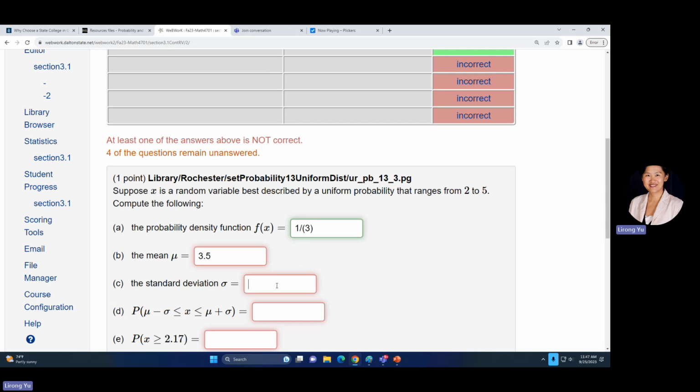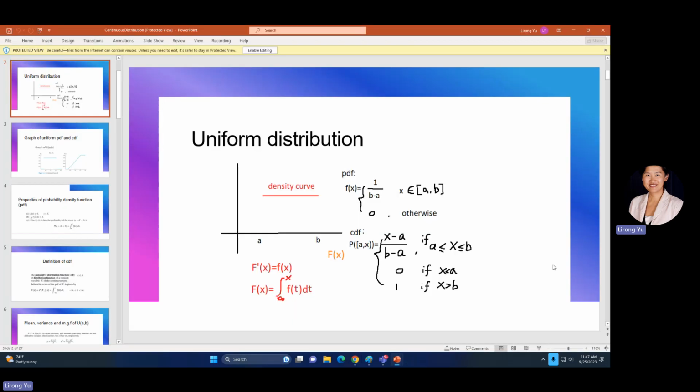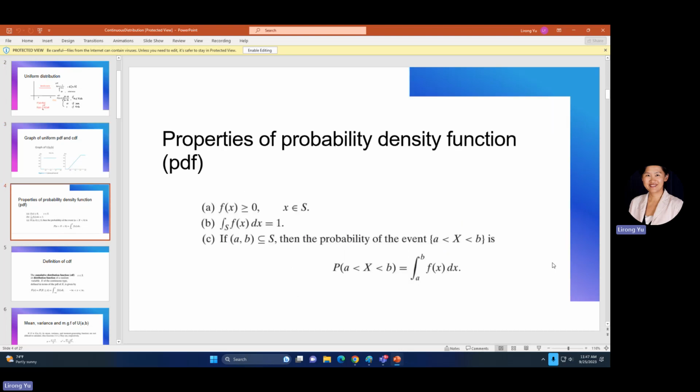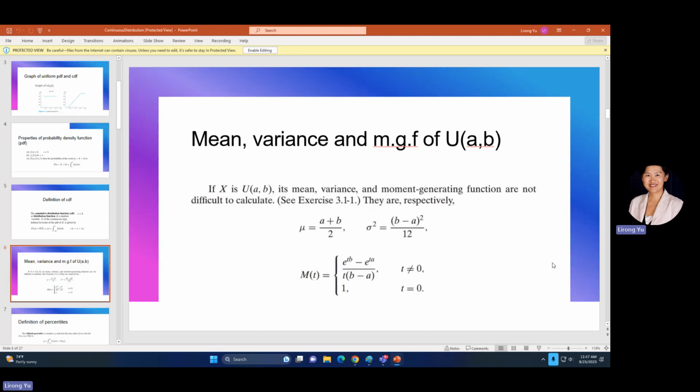And the standard deviation is supposed to be the square root of the variance. The variance for uniform distribution is B minus A squared over 12. If you take the square root, it's going to be B minus A over root of 12, right?